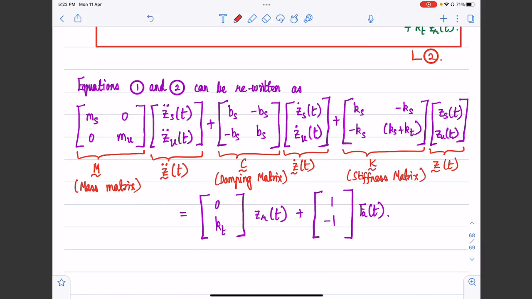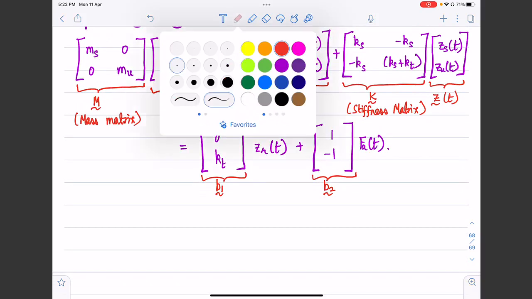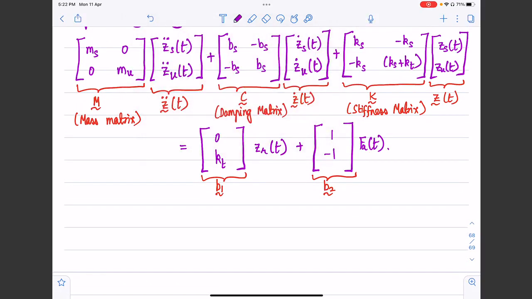Let's call this vector some vector B1, which is multiplying the road input, and this vector some vector B2, which is multiplying FA. And then we can collate and rewrite this entire equation into this consolidated vector ODE.